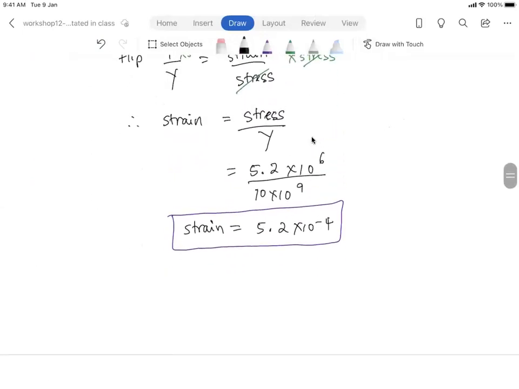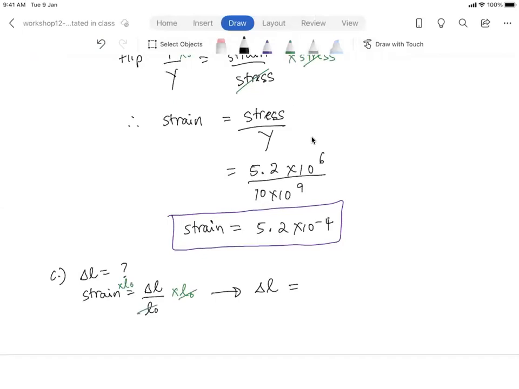Okay, and then the last question is to find delta L. We can now use strain is equal to delta L over L0. Multiplying both sides with L0 gives us the equation for the deformation.